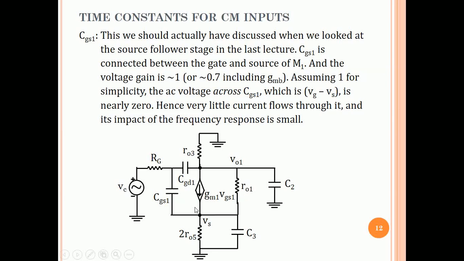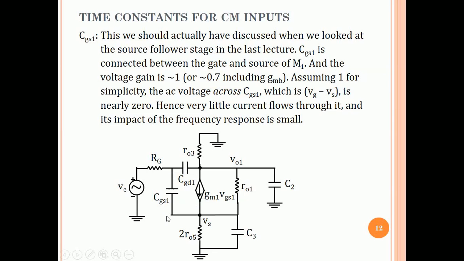If VG and VS are equal, that means that there is hardly any current flowing through CGS1, because the voltage across it is 0. The voltage across CGS1 is VG minus VS. VG is equal to VS, so the voltage is 0.